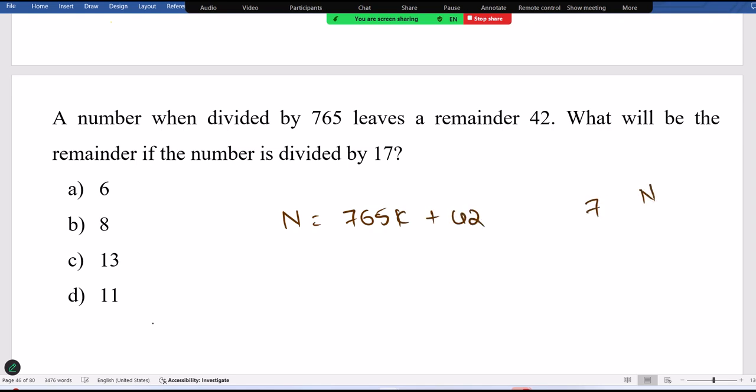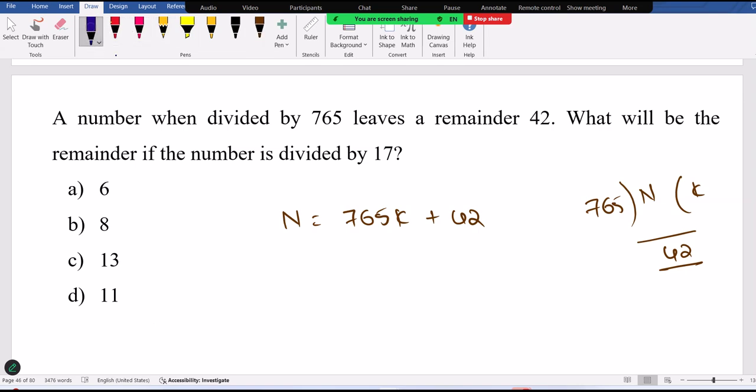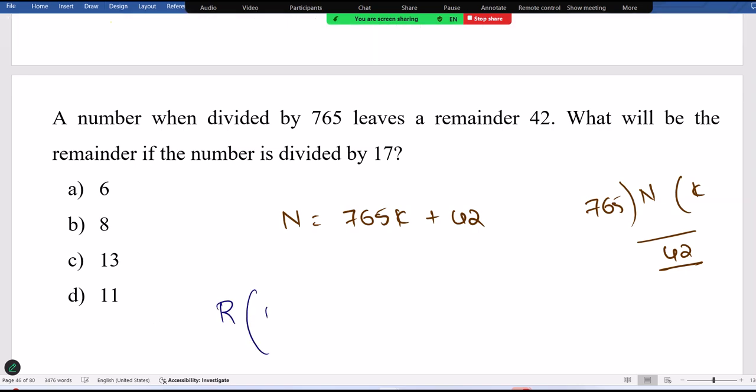See, this is what I divided with k and finally the remainder is 42. Means the number can be written like this. Now the same number is divided by 17. Remainder when you divide it by 17.